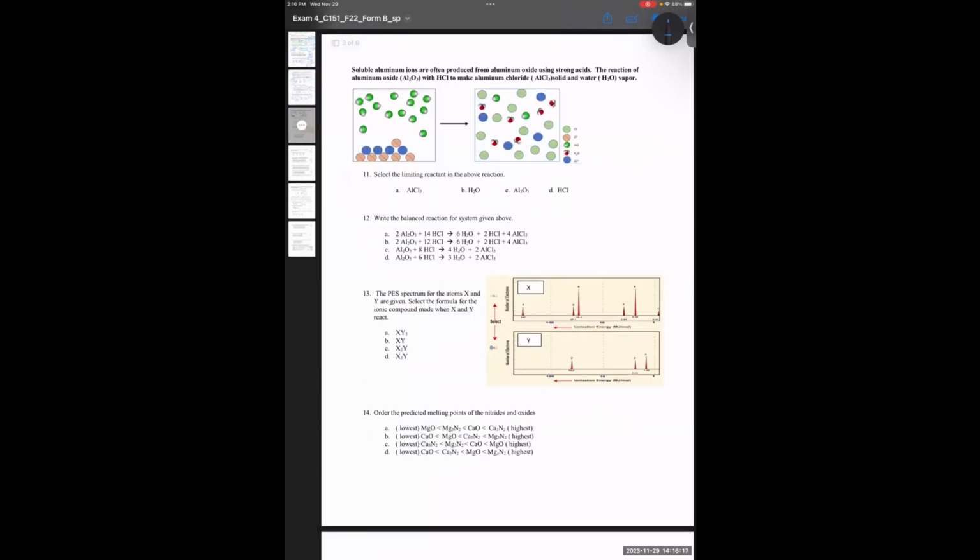All right, moving on to question 11. Select the limiting reactant in the above reaction. Oh my goodness, there's a lot going on here. The reaction of aluminum oxide with HCl to make aluminum chloride, solid, and water vapor. Okay, so we have that.